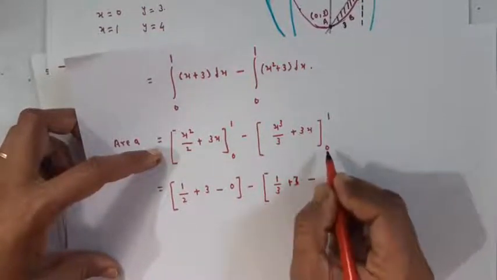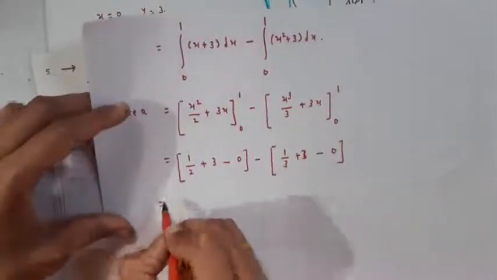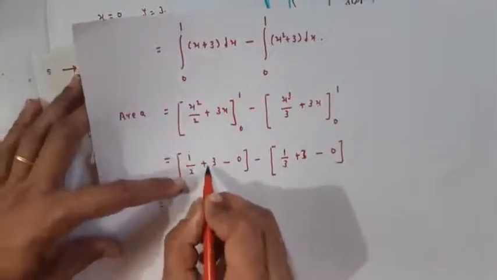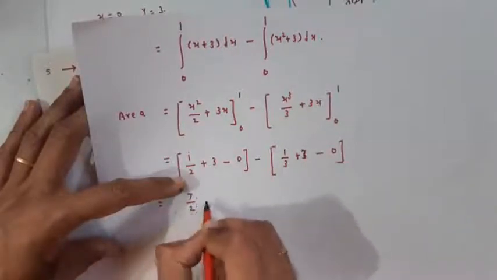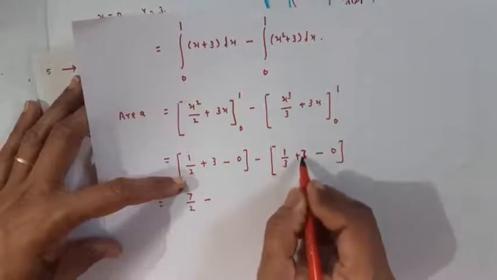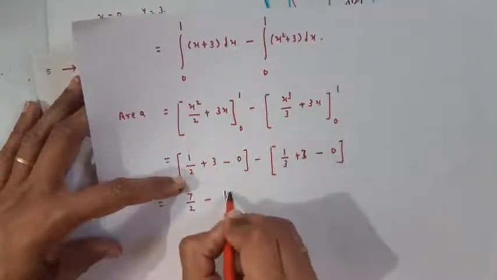Minus lower limit is 0. The calculation is 1 by 2 plus 3, that is 7 by 2. 7 by 2 minus, 3 threes are 9, and 9 plus 1, 10 by 3.